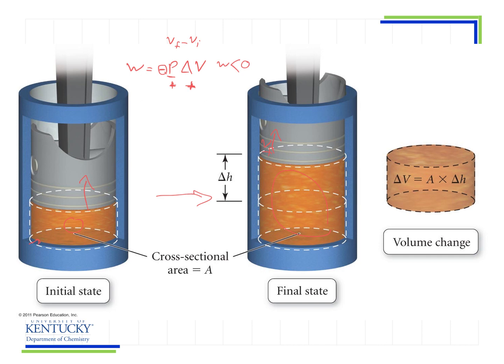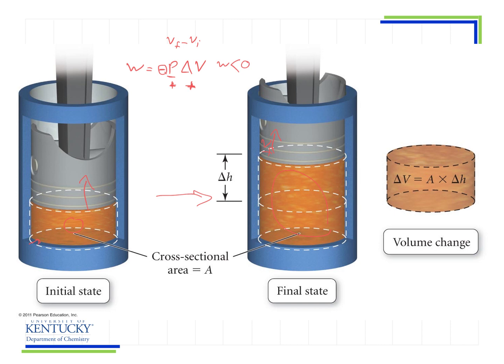Okay, and let's have a flashback to our discussion when we were talking about work and Q signs. So we said when the system is doing the work on the surrounding, the work is negative, right? So in this system, the gas is expanding, and the gas is the system. So when the gas expands, it is pushing the piston up. Okay, so it's doing the work. So the system is doing the work. So from our previous definition, we have to say the work is negative.